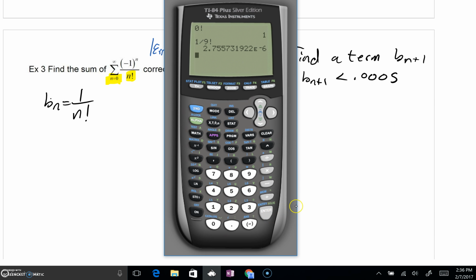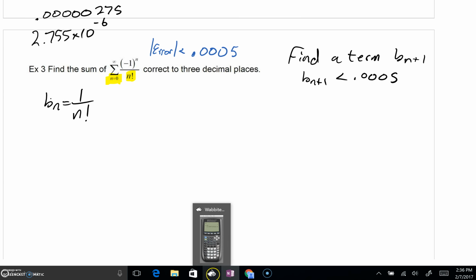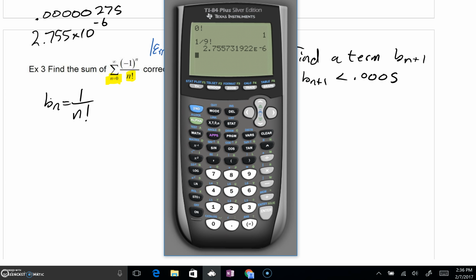Okay, if we did 9 factorial, that's going to be 2.755 times 10 to the negative 6. Well, my goodness, how would you write that? 5 zeros, 1, 2, 3, 4, 5, and then the 275. So that's definitely smaller. We want to find the first time, though, that our term is less. So maybe a 6?